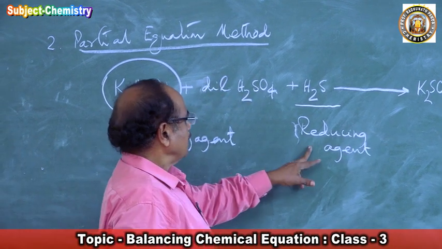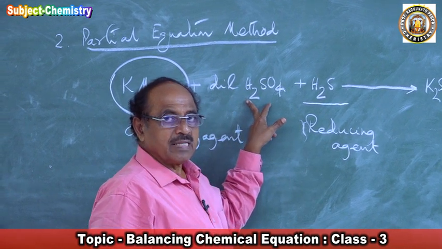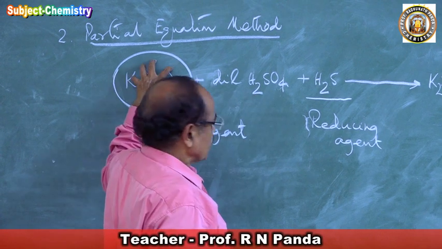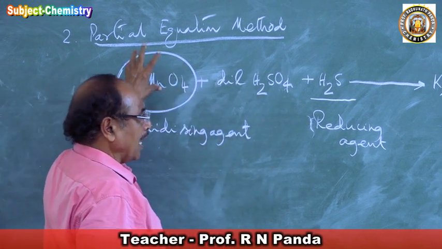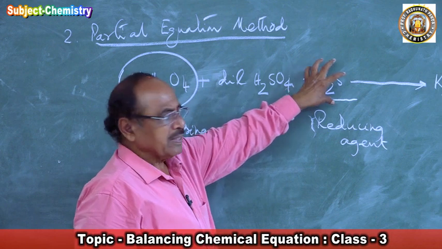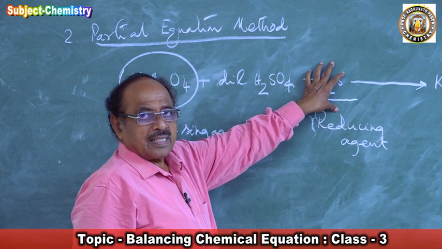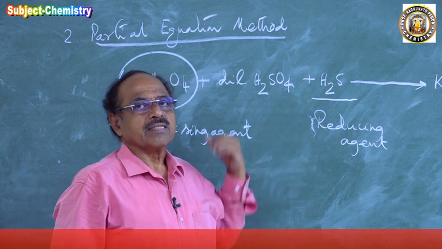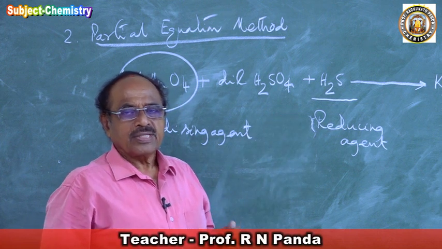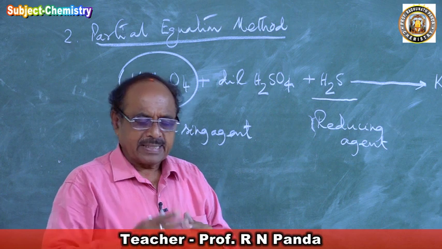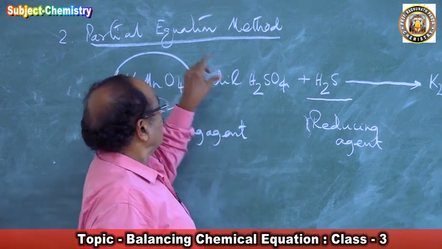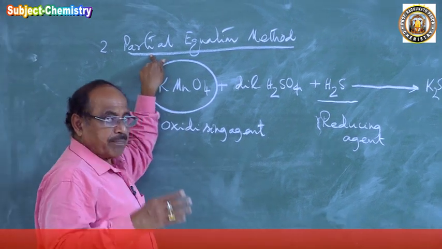They will react in the medium of sulfuric acid. So this will produce oxygen, that oxygen will react with H2S, and the reaction takes place in the acid medium. So the reaction cannot take place in one step. It takes place in different steps, so we have to go partial, meaning step by step.